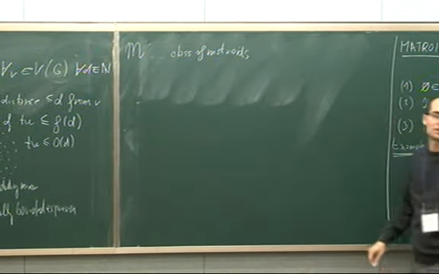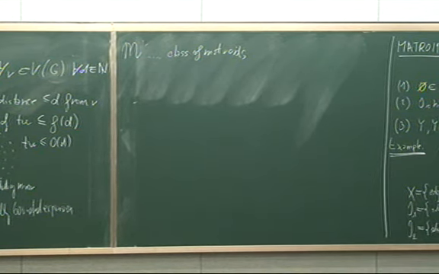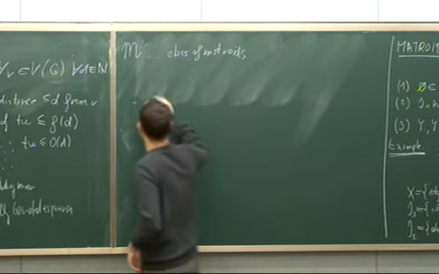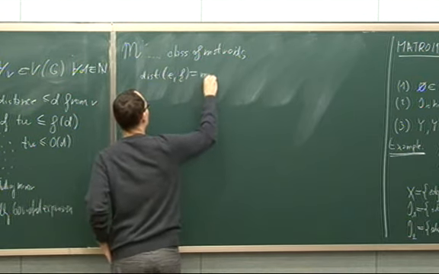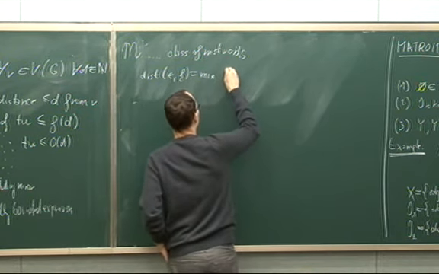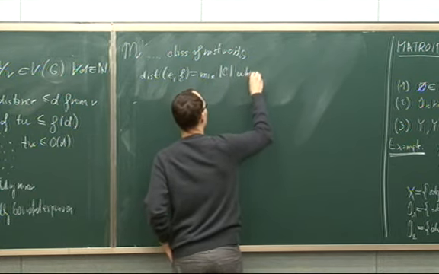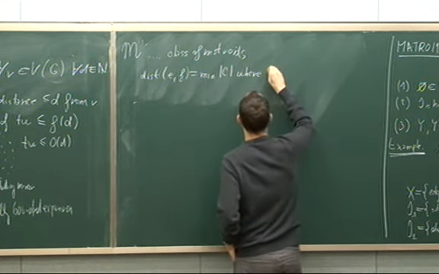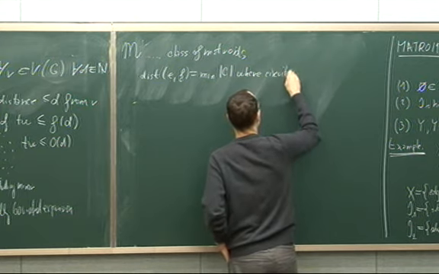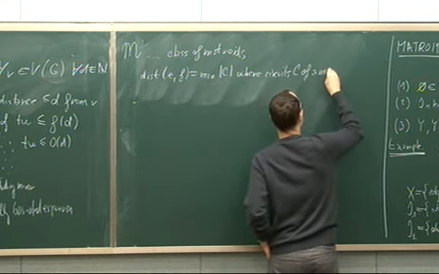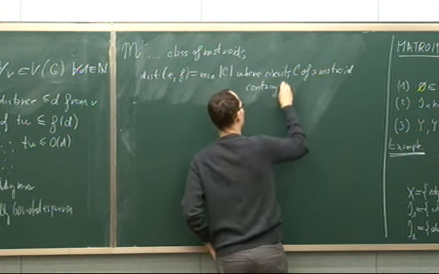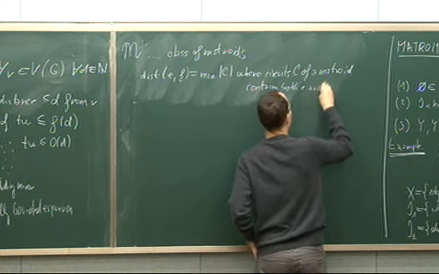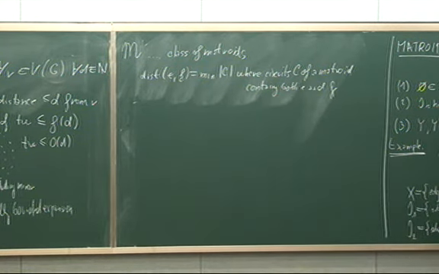And the key thing is that I should tell you what I will mean by the distance of two elements in the matroid. The distance between E and F will be defined as the minimum of |C|, where the minimum ranges over all circuits C of a matroid containing both E and F. I don't want to define what a circuit in a matroid is.